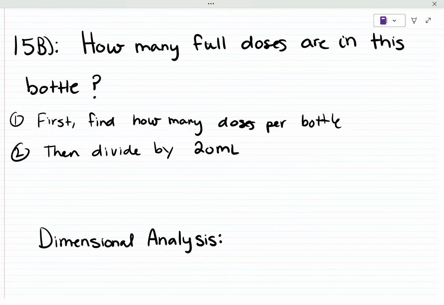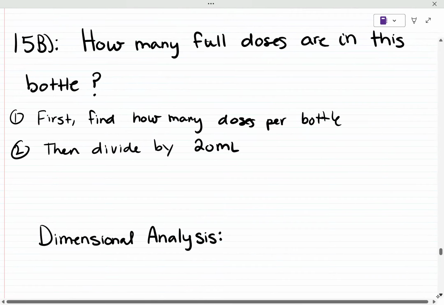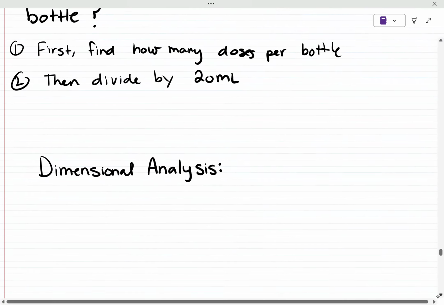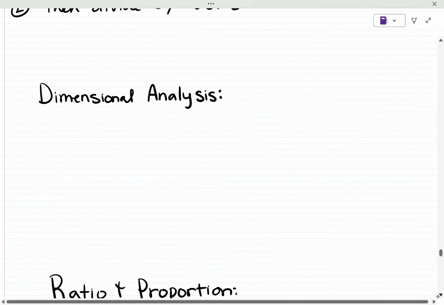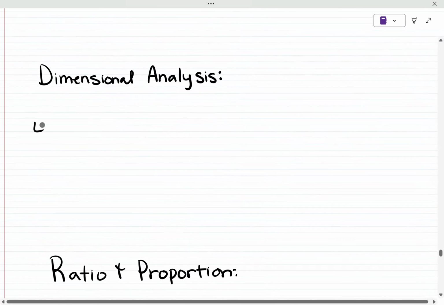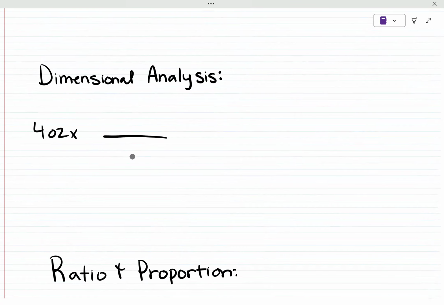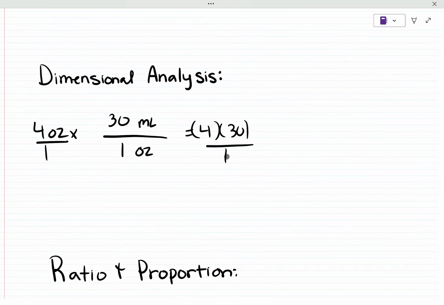Let's start with dimensional analysis. We are given 4 ounces times a fraction, with ounce on the bottom and milliliters on top. For 1 ounce, there's 30 milliliters. So 4 times 30 over 1 is 120 milliliters in a bottle.